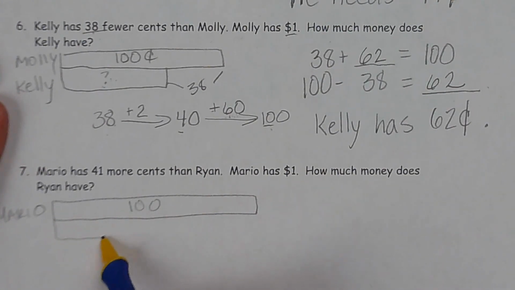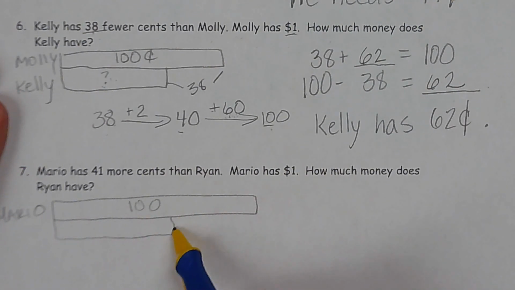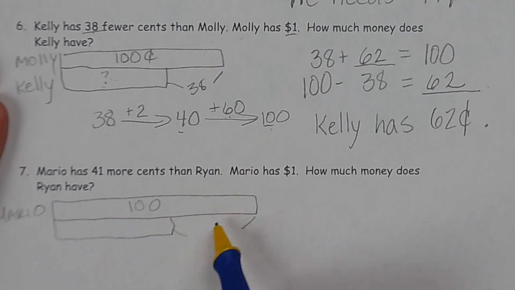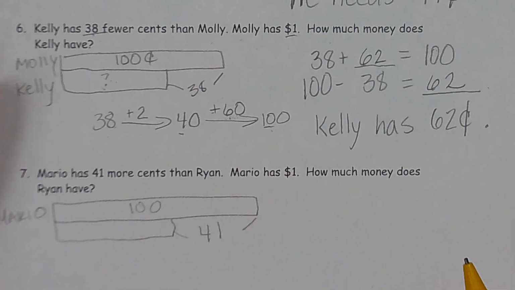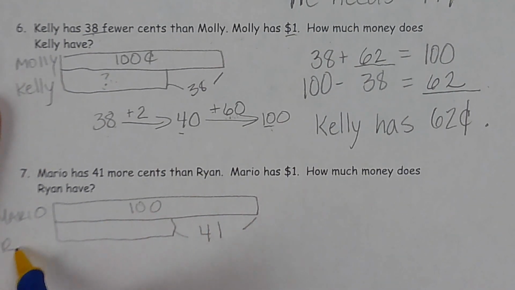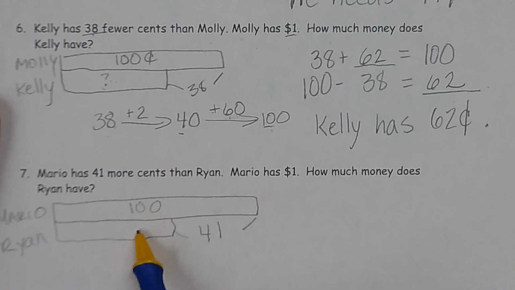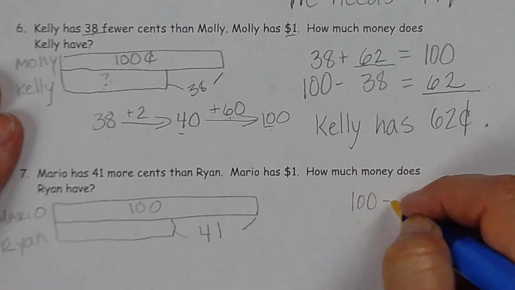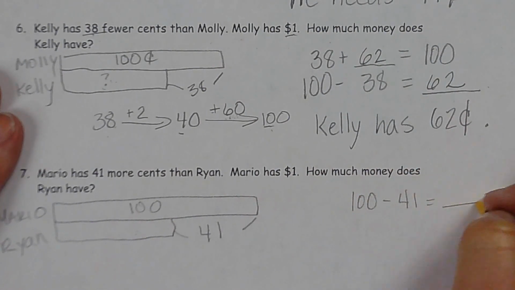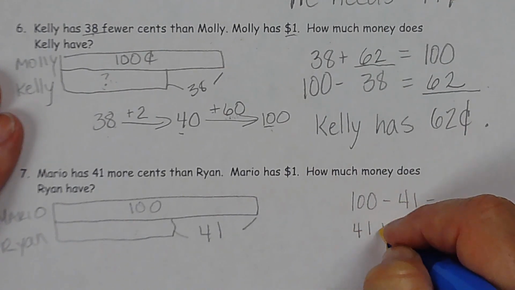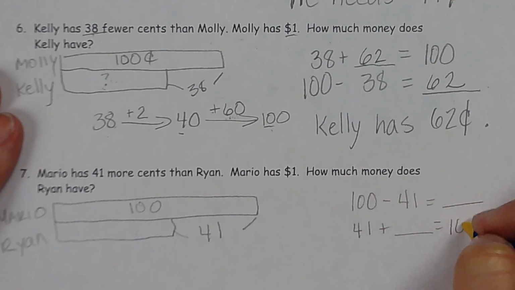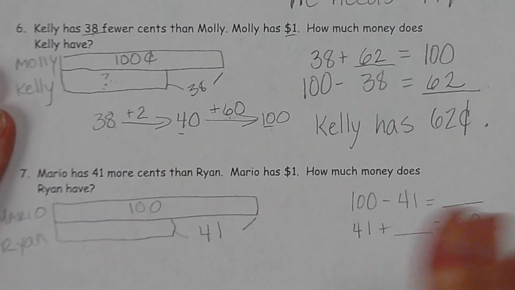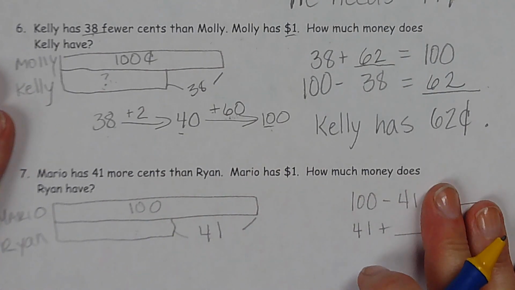We don't know how much Ryan has, but we know that the difference is 41. So how much does Ryan have? We're still missing a part. 100 minus 41 equals, or 41 plus something equals 100. Same thing, okay?